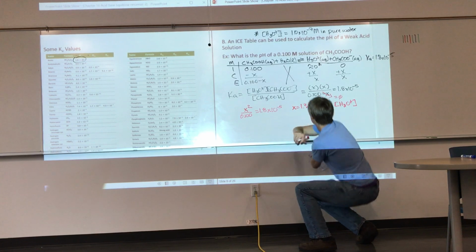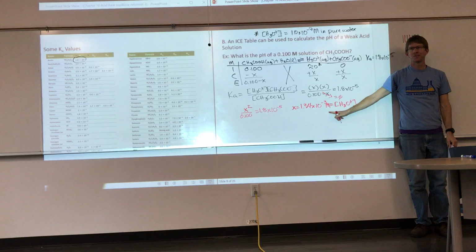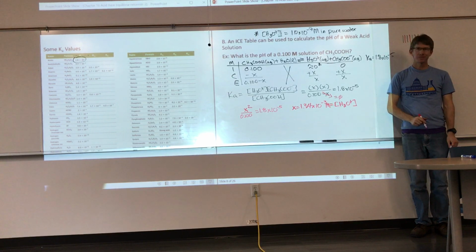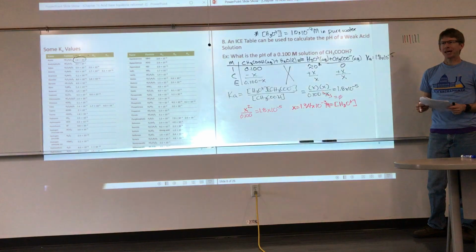Concentrations do have units, so I slid a little M in there for molarity. Skip the algebra, but it's pretty straightforward.